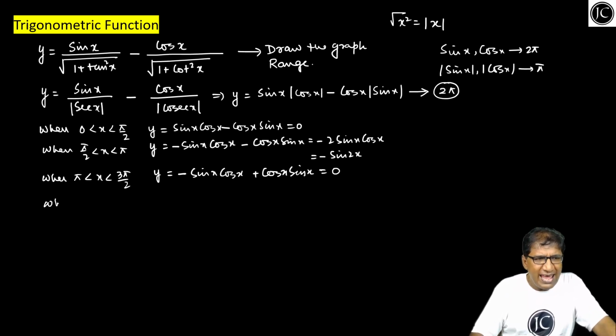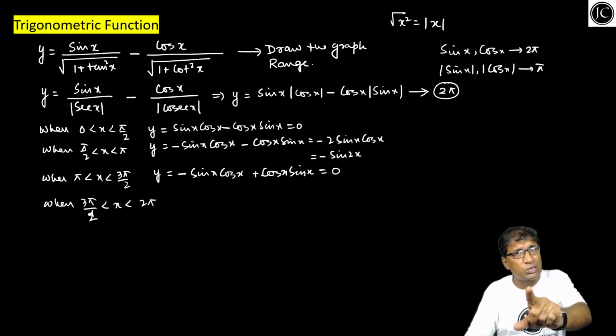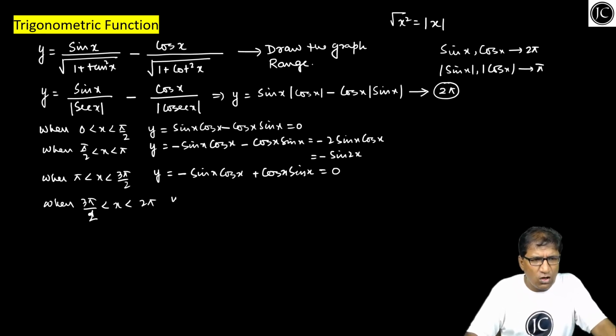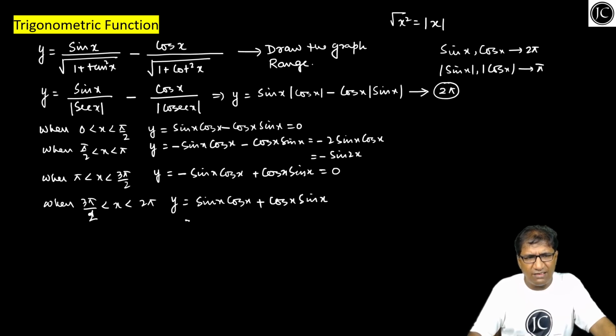Now, when x is in the fourth quadrant, that is x is greater than 3 pi by 2 and less than 2 pi. In the fourth quadrant, cos is positive, sin is negative. So, your y will be sin x cos x plus cos x sin x. So, that gives us 2 sin x cos x. That means it is sin 2x.